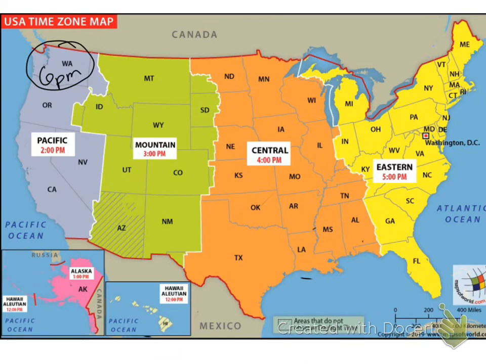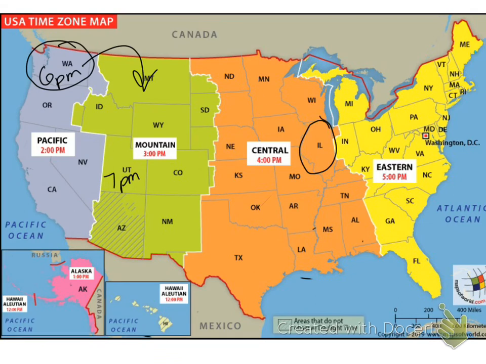Well, I'm going to subtract 1 hour to get to Utah time. So that means it's going to be 5 p.m. I did it the wrong way. We're going to add 1 hour. So, no, that's not right. We're going to add 1 hour. So here in Utah, it's going to be 7 p.m. when she calls.